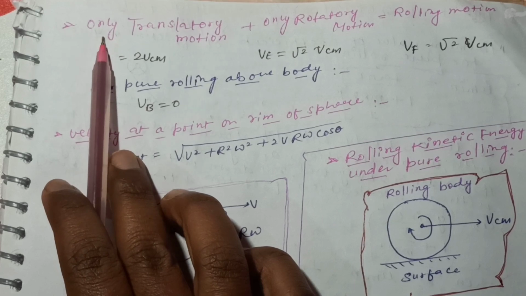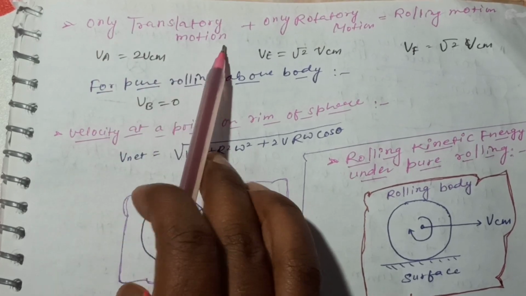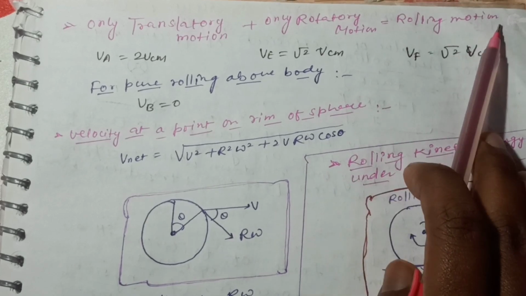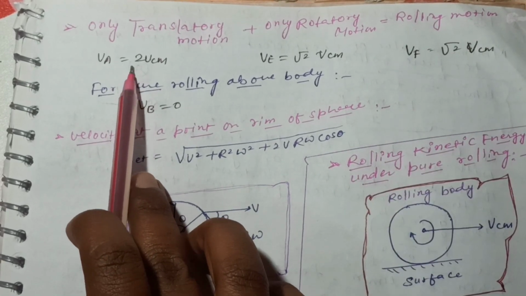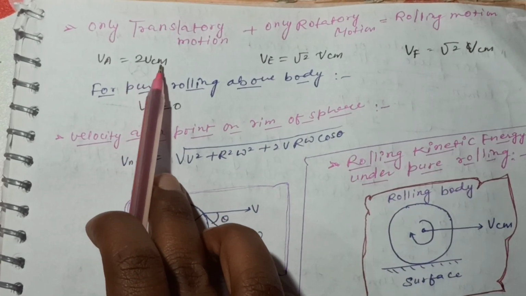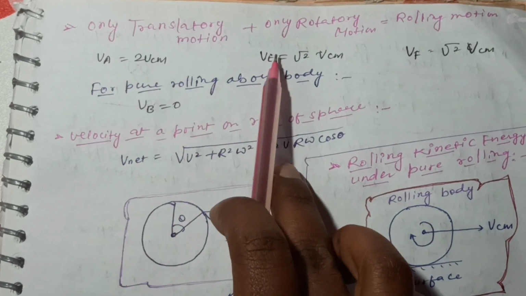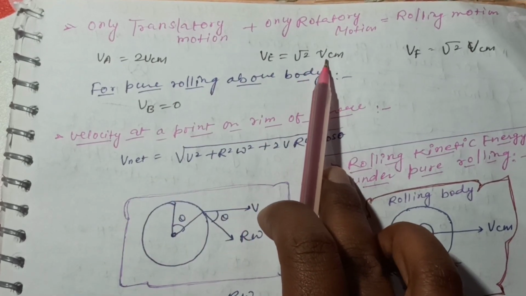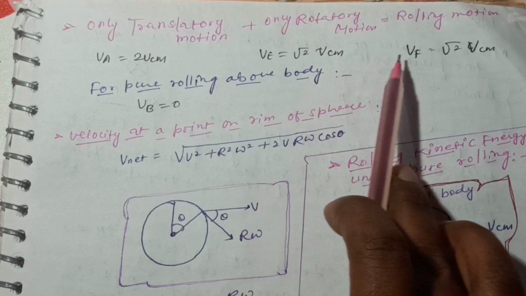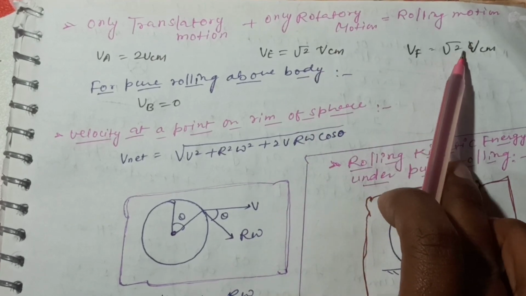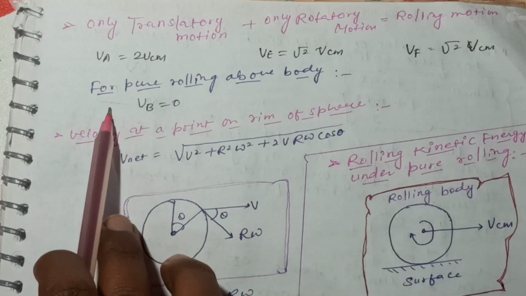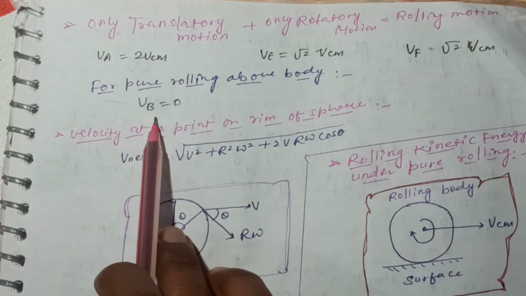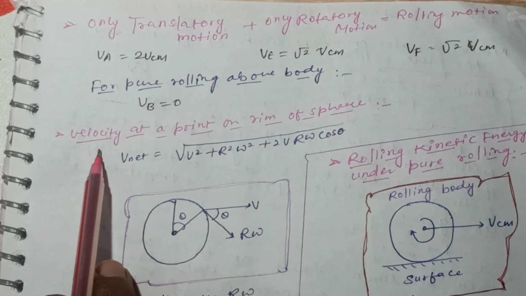Only translatory motion plus only rotatory motion is equal to rolling motion. Va is equal to 2 v center of mass, Ve is equal to root 2 v center of mass, Vf is equal to root 2 v center of mass. For pure rolling, the velocity at the bottom point is 0.